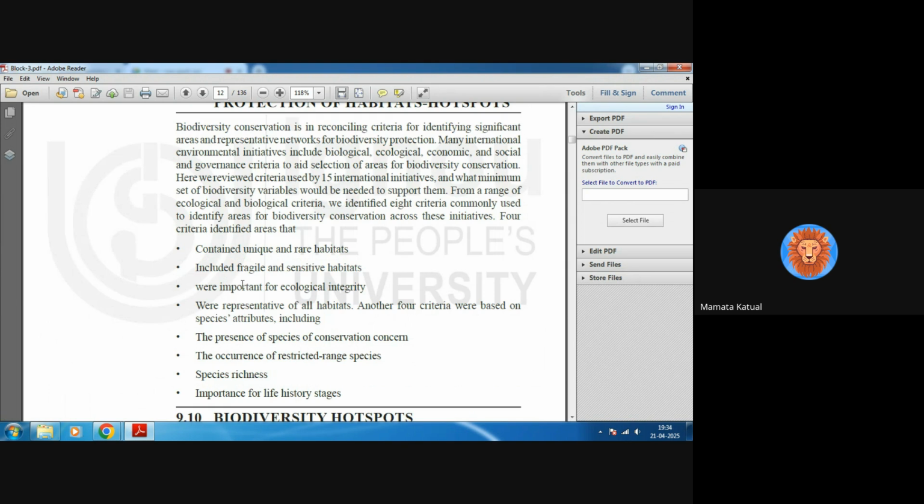These criteria contain unique and rare habitats. The habitats must be very sensitive and fragile. That means if there is slight modification, the ecosystem will not survive. So these are the areas.